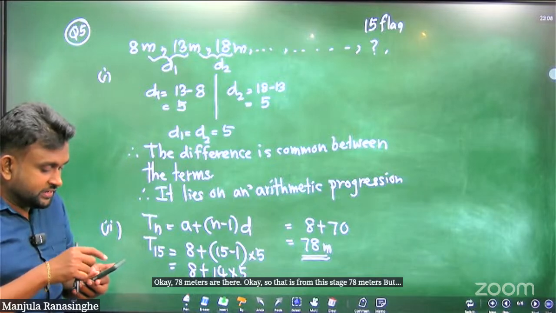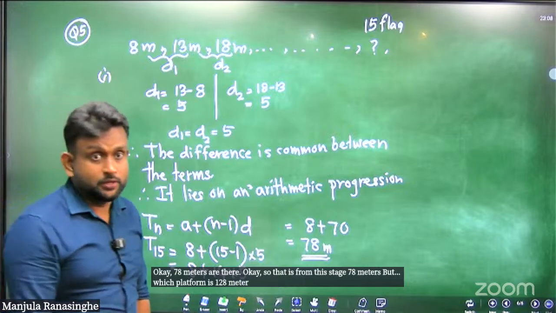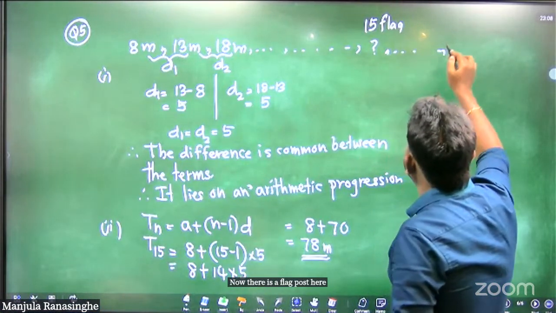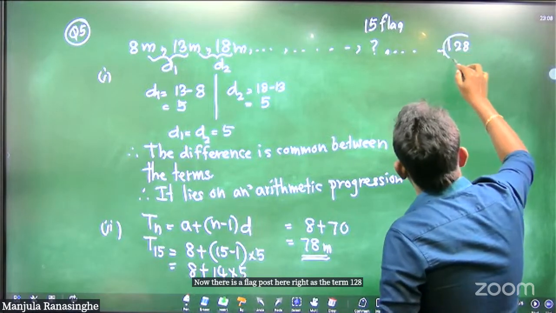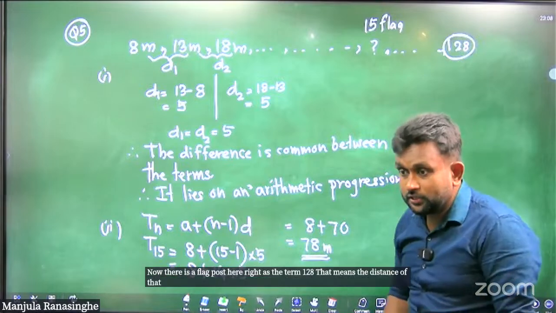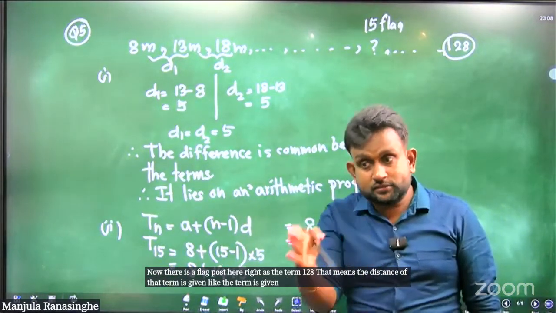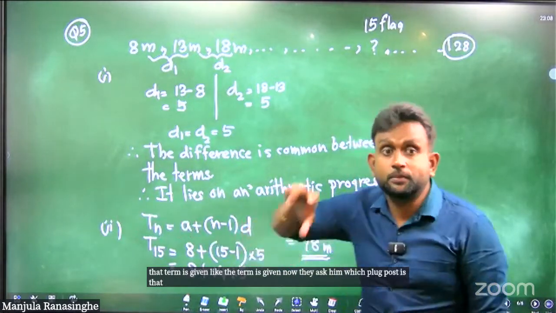Which flagpole is 128 meter away from the stage? Now there is a flagpost here, right? The distance of that term is given, like the term is given. Now they ask which flagpost that is. Now understand the input to the equation.